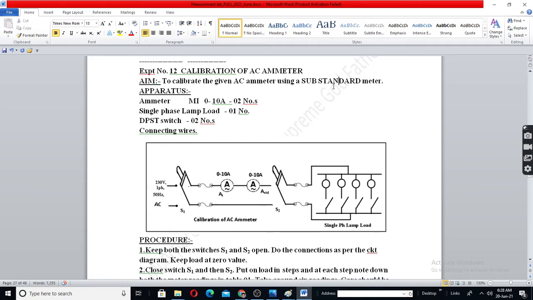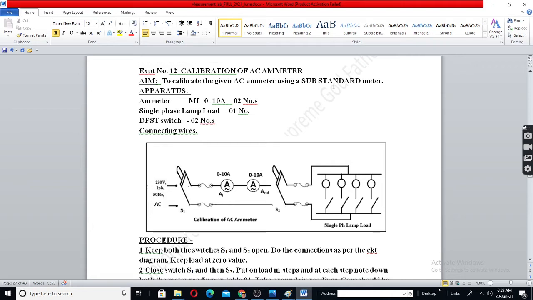When temperature increases, the scale will expand. When temperature decreases, the scale will get compressed. So our measurement will not be 100% accurate.